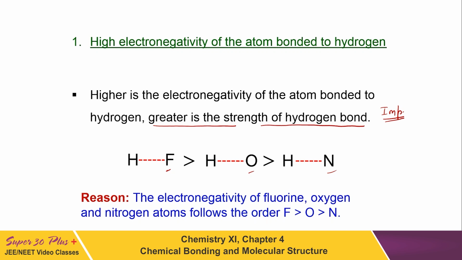Like I said, the electronegativity of fluorine, oxygen and nitrogen follows this order, so this order is also the order of the strength of the H bond.